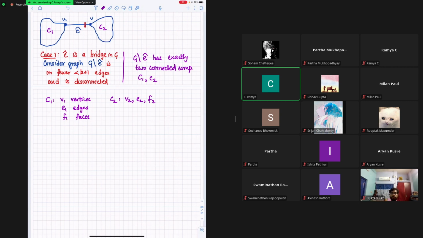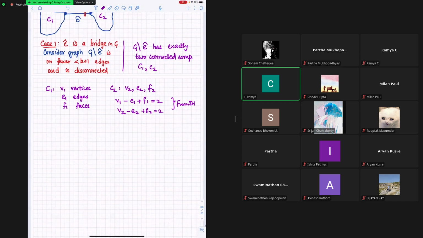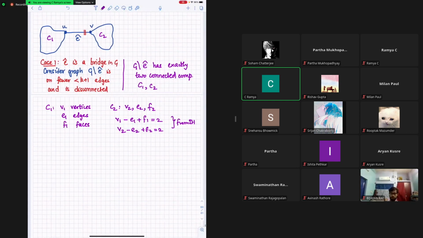Now what is the relation we know? We know that V1 minus E1 plus F1 is 2 and V2 minus E2 plus F2 is 2. This is from the inductive hypothesis. Now I want to use this to get a relationship between the number of vertices, edges, and faces in this graph.